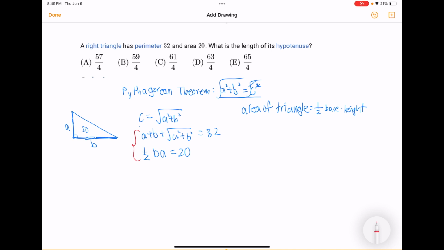So we have a system of equations here, and we can solve for this. We can first start out by rearranging the first equation and then squaring it. For the first equation right here, I'm going to move over the a and the b.